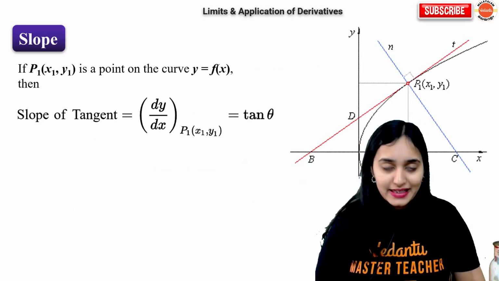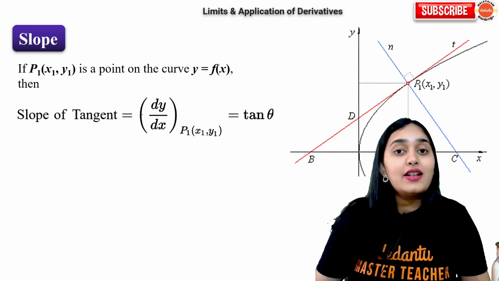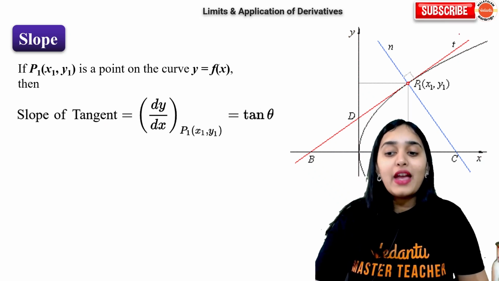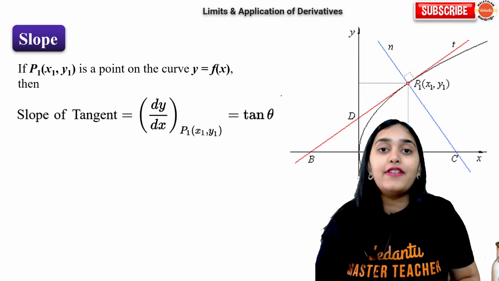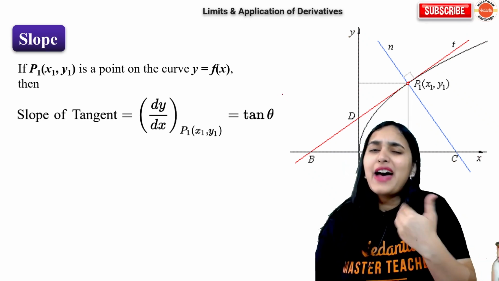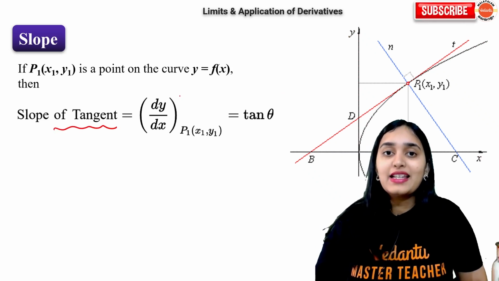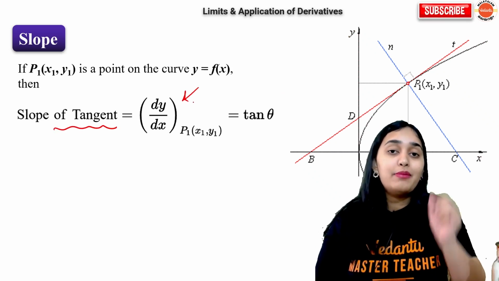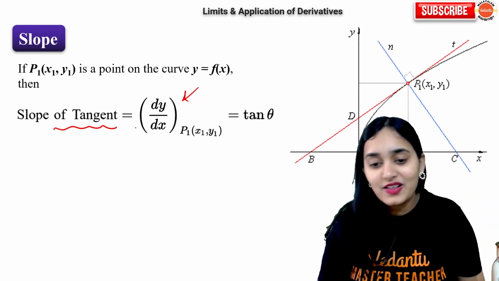Okay. Next, a very important concept of this chapter is tangents and normals. For any curve we can find the tangent if it is a continuous and differentiable curve. Why should it be differentiable? Because the slope of the tangent can be found only by differentiating the function and getting the dy by dx value.